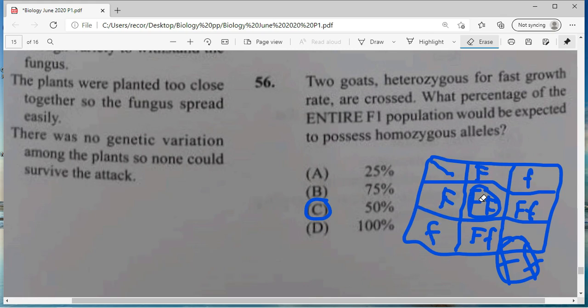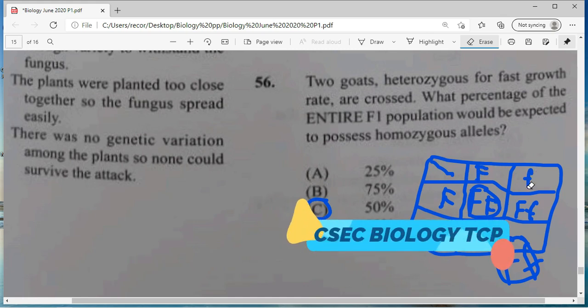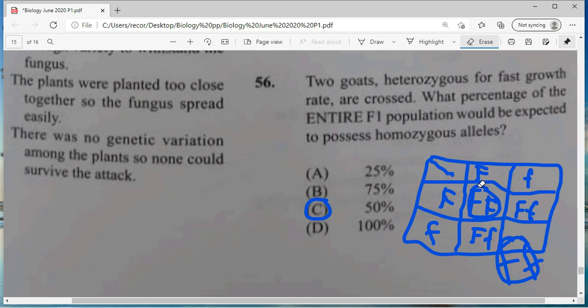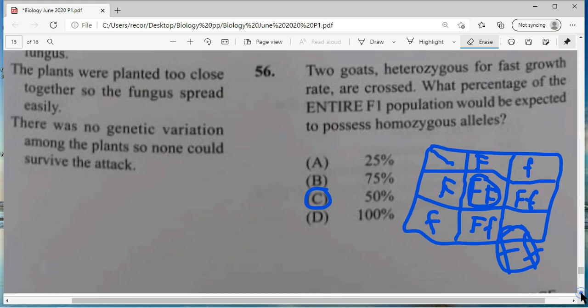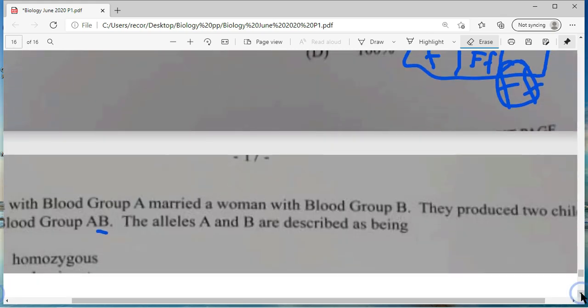So capital F, small f, capital F. The first here we have two capitals, so that is going to be one of the answers we're looking for, homozygous F. Then another we circle here, recessive. So one is dominant, one is recessive. So it is half of the 4 that is looked at here. Your answer is going to be C, 50%.